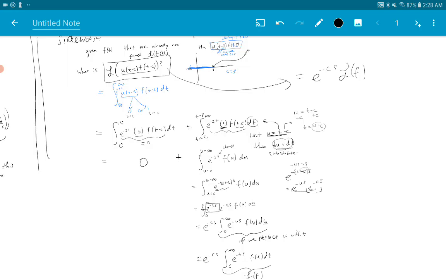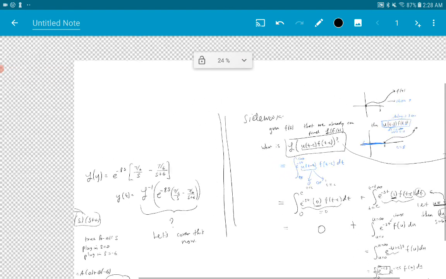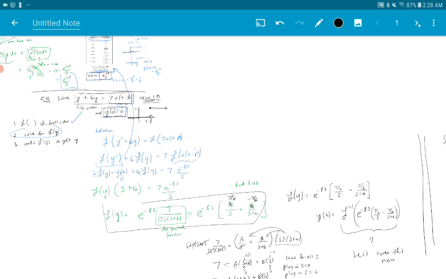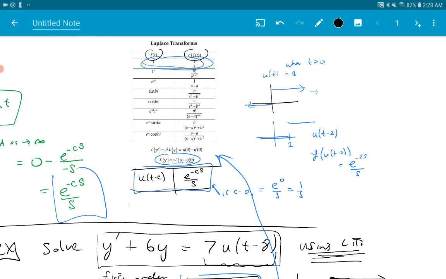Okay. We could even add that to our table. Let me scroll over to the table. This will be in any table that you get in the test. Of course, the fourth test in this class is open book anyway. But if I had something more in this last one, if it wasn't just u of t, but if it was u of t minus c times f of t minus c, its Laplace transform would be e to the negative cs times the Laplace transform of f, whatever f happened to be.